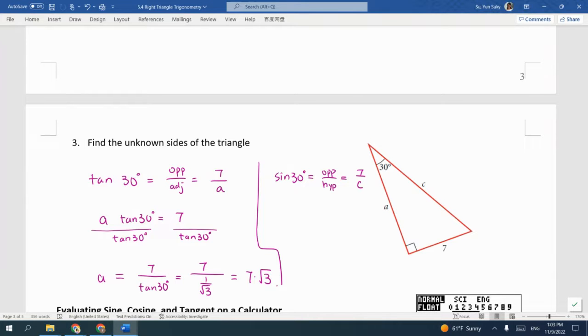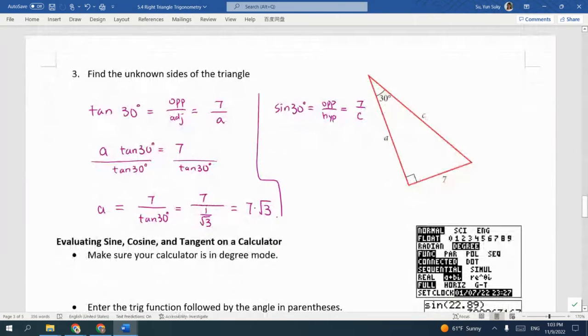We multiply by C. It equals 7. And what's C? 7 over sine 30 degrees. What's sine 30 degrees? 1/2.